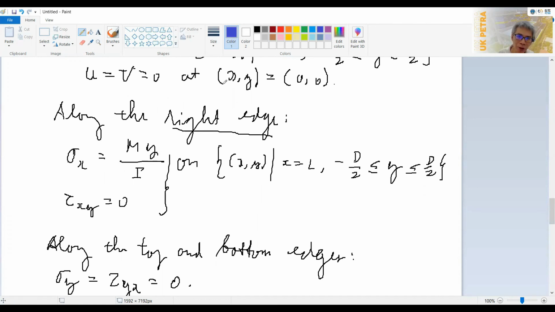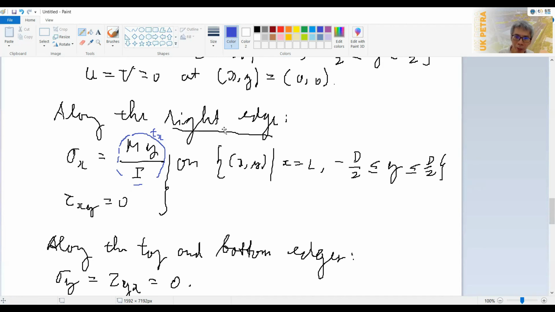So this is the surface traction, right? So this is dx along the right edge. That's equivalent to bending moment, okay? There is no shearing stress because this is only bending moment, so the shear stress along the right edge is 0.